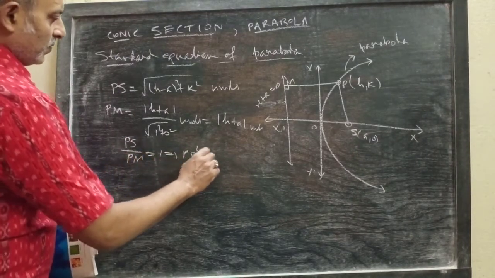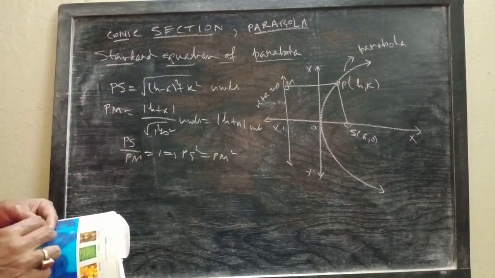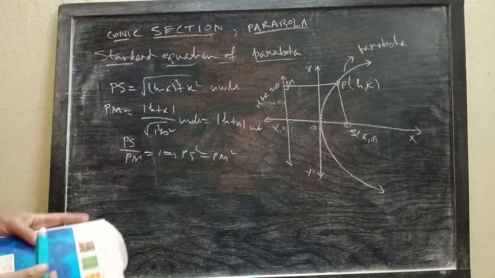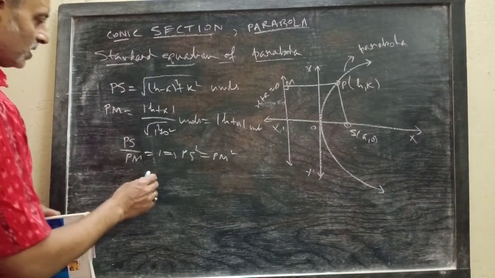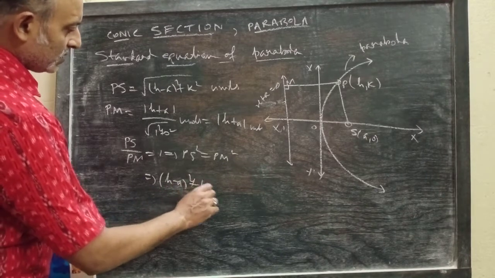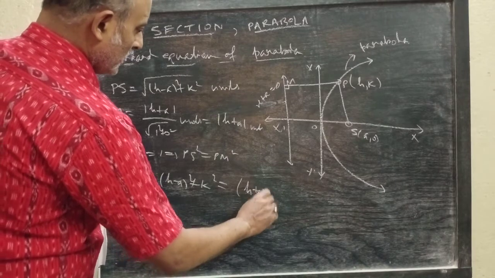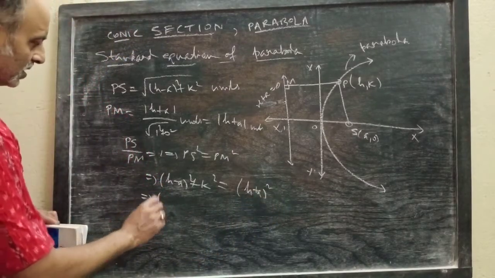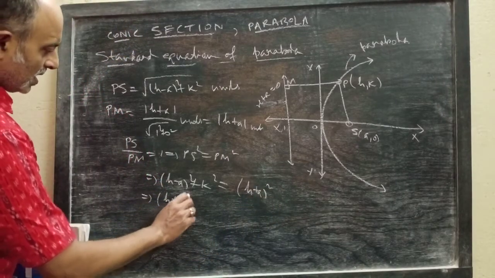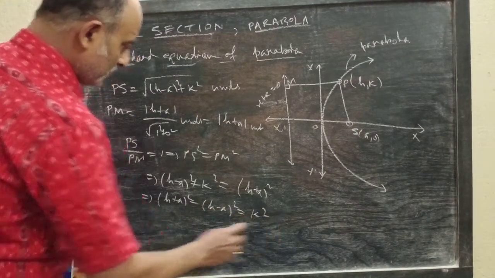That is we can write PS square equals PM square. I have squared both sides to remove the square root sign. So what will be PS square? PS square will be h minus a whole square plus k square equals h plus a whole square. So we get h plus a whole square minus h minus a whole square equals k square.